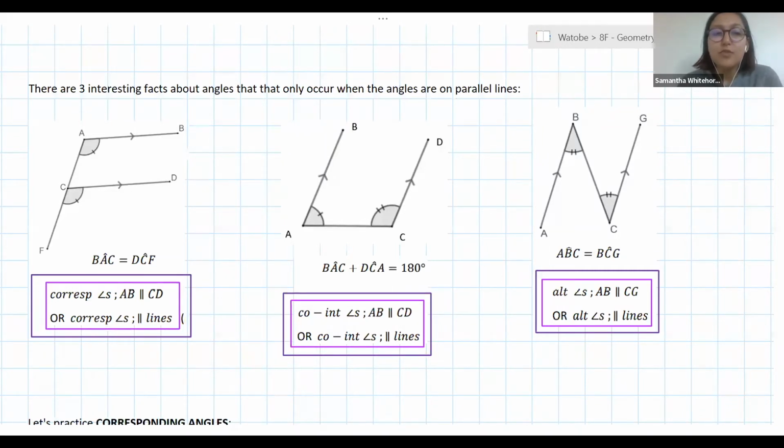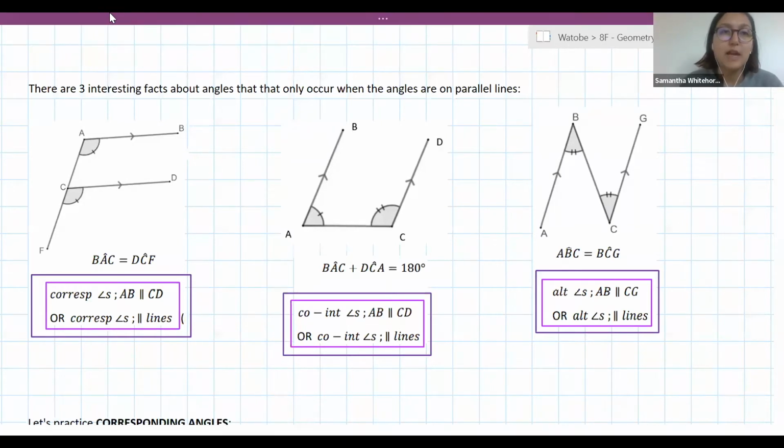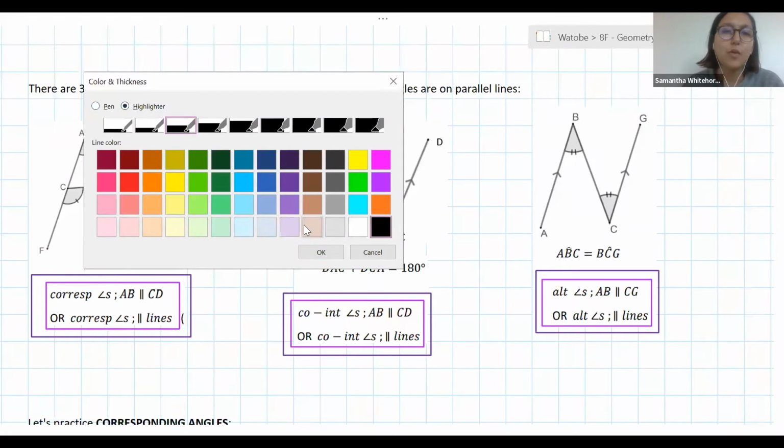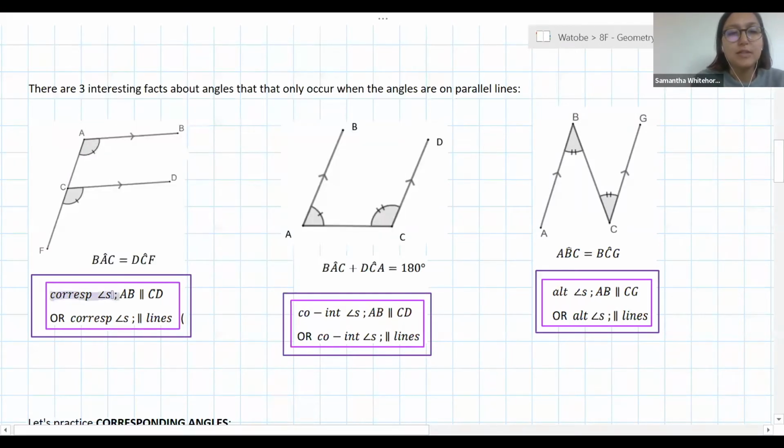But essentially for your corresponding angles, so this F shape over here, what we need to bear in mind is that if we're going to work with corresponding angles, the angles are equal to each other. So that's what that statement is saying there. This is the same then for alternate angles, the fact that the angles are equal in size to each other.